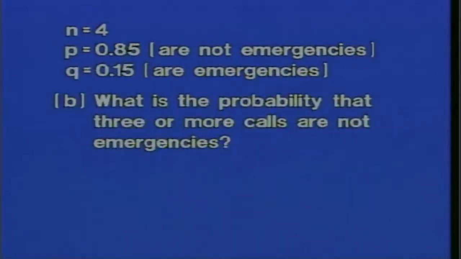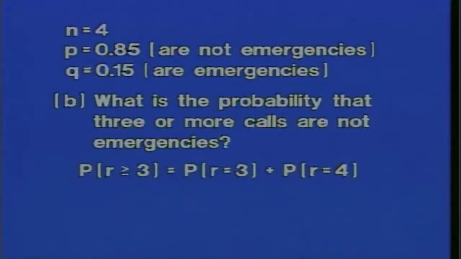The B part says, what is the probability that 3 or more calls are not emergencies? Now, success is defined here as non-emergency. The probability that 3 or more calls are not emergencies means that we want the probability that R is greater than or equal to 3. And that's the same thing as the probability that R is 3 plus the probability that R is 4.